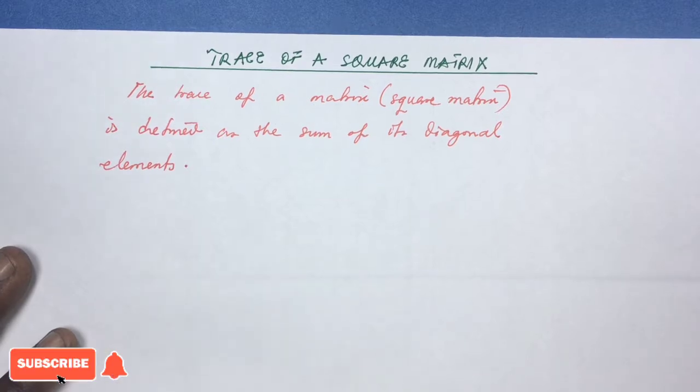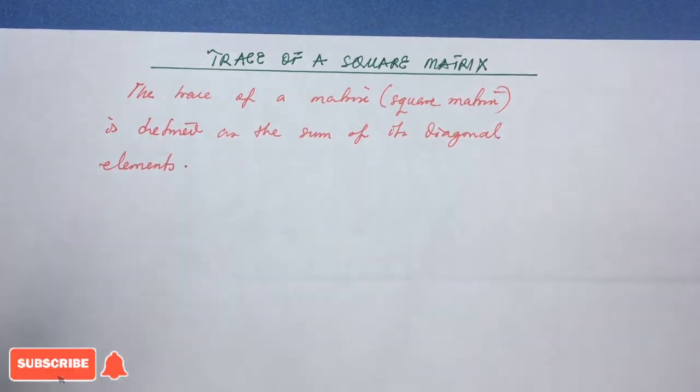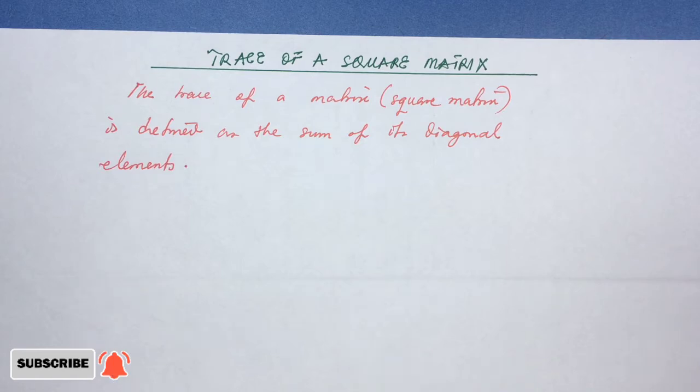Now please take note, the diagonal we are talking about is the principal diagonal of the square matrix. In my earlier videos on matrices, I had shown you what the diagonals of a square matrix are. There are two diagonals in a square matrix.